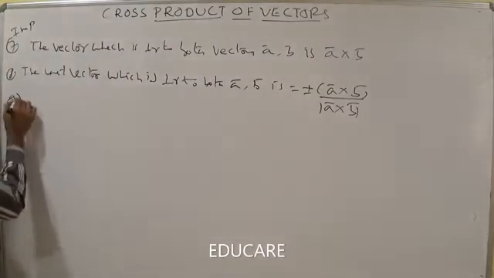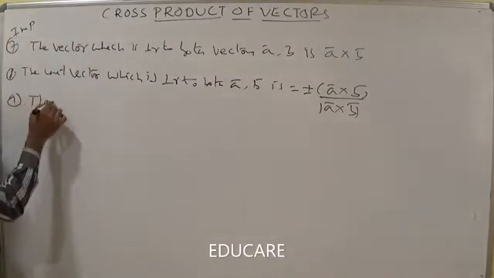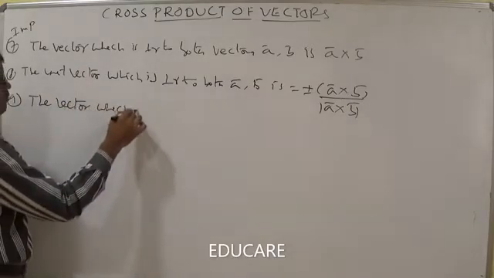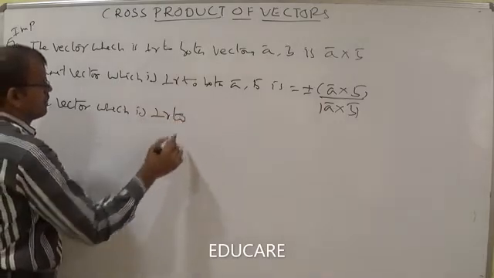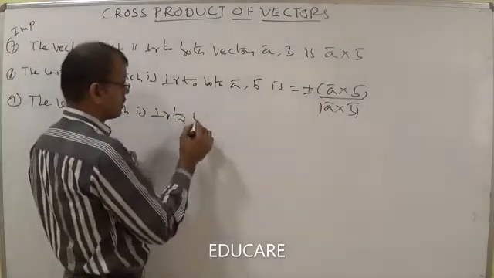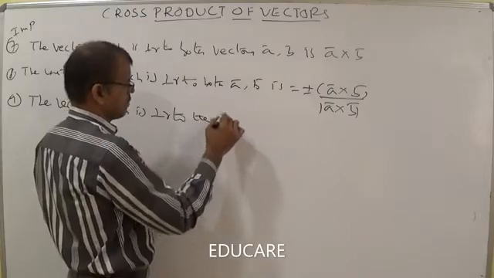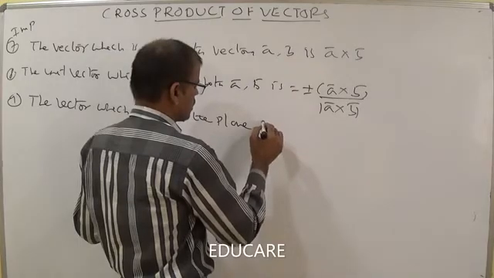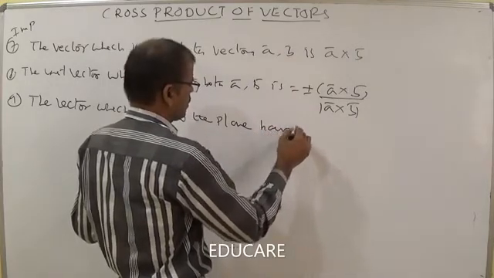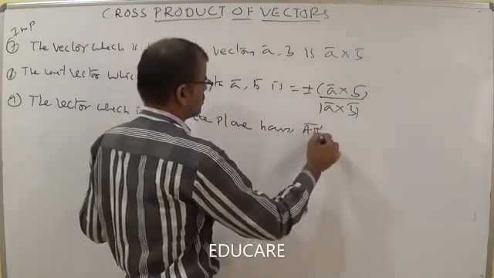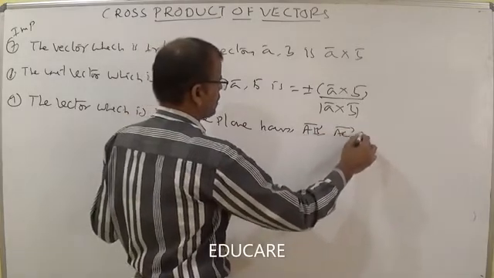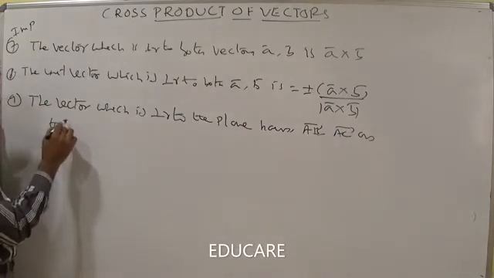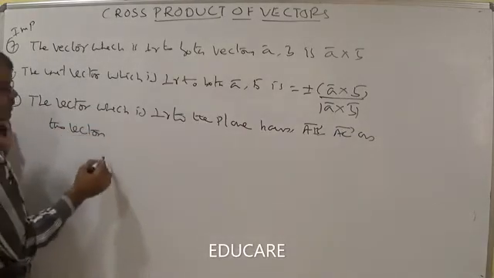Next, let us discuss the vector which is perpendicular to the plane having AB, AC as two vectors.